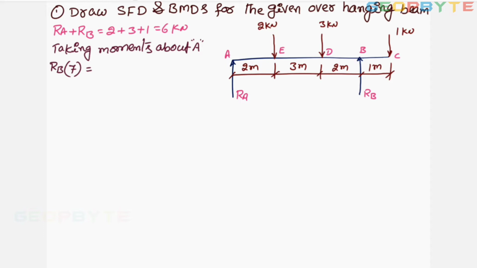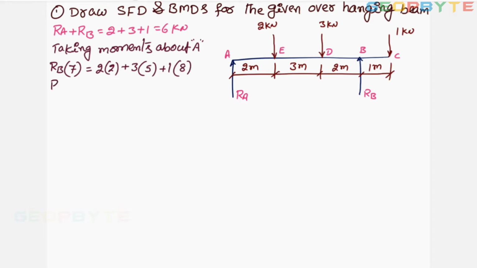One clockwise moment, due to 2 kilonewtons, is 2 multiplied by 2. One more clockwise moment, due to 3 kilonewtons, is 3 multiplied by the distance up to A, 5, plus one more moment due to 1 kilonewton, 1 multiplied by the distance up to A, which is 8.